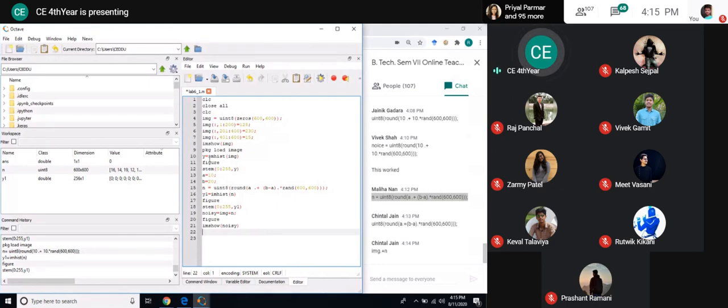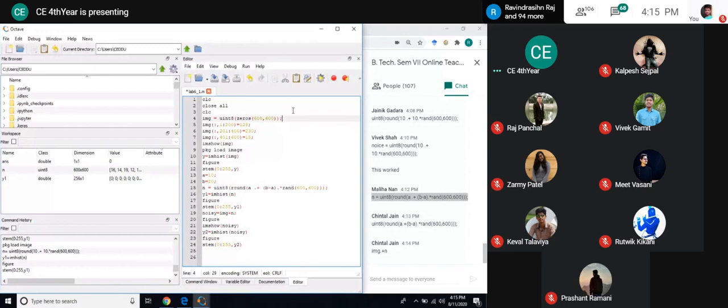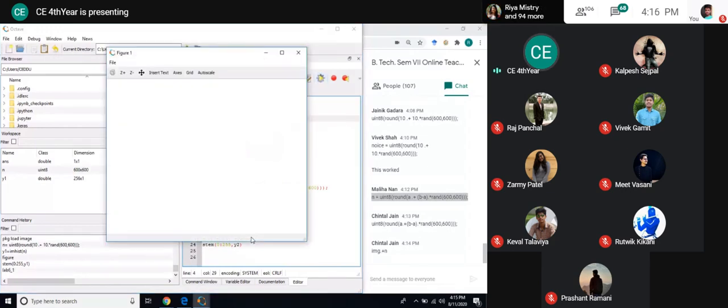I want to check its histogram as well, so I will do this as well. Let's save it and let's run it.